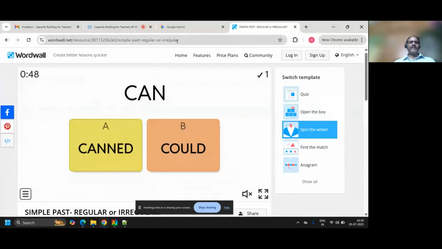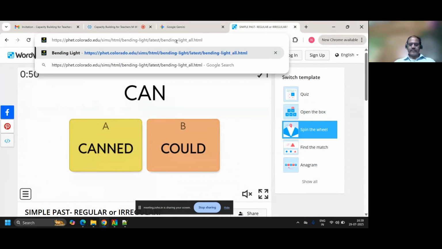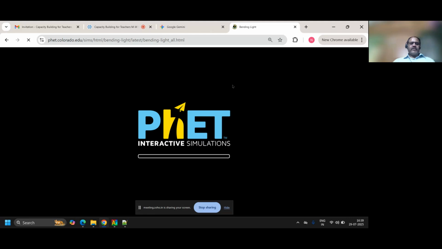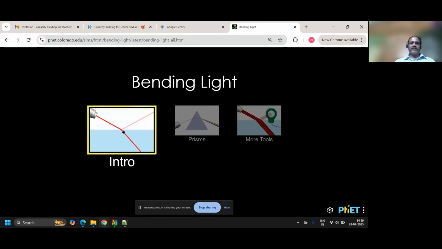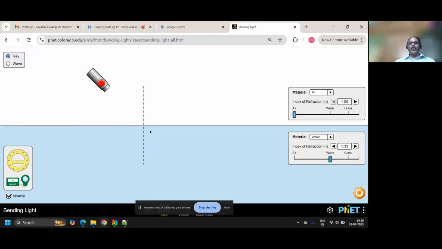Let us go back. I am loading this. You know, when the light passes through two different media, this is one medium, this is another medium.